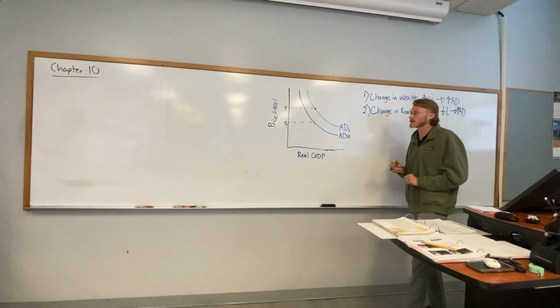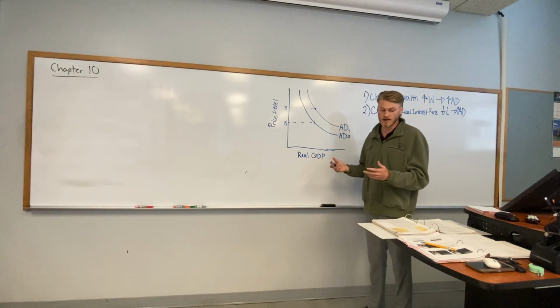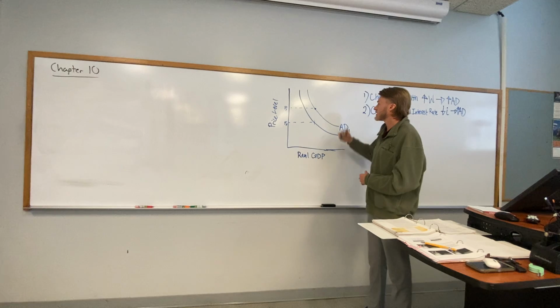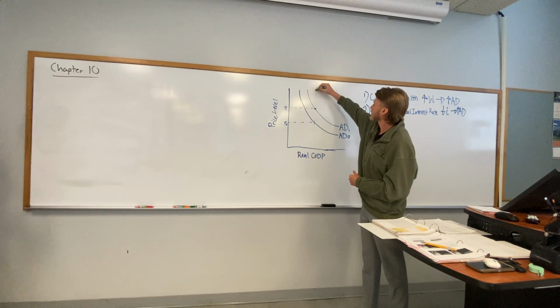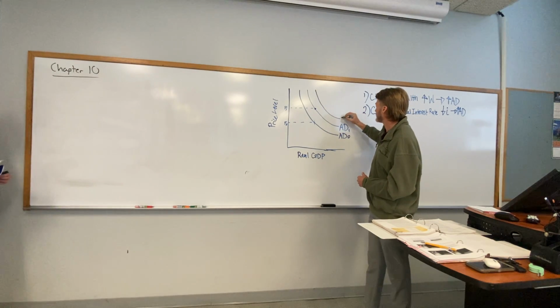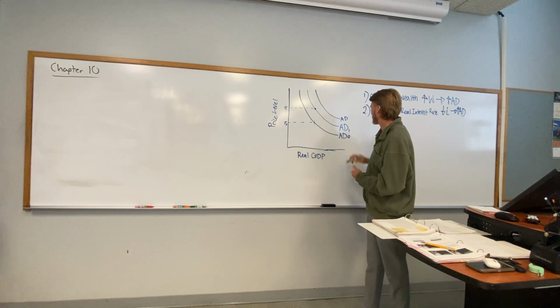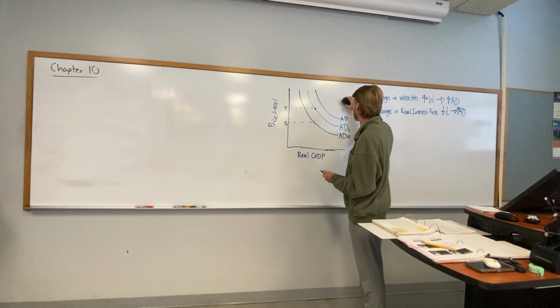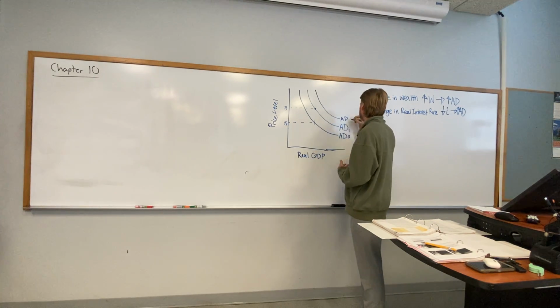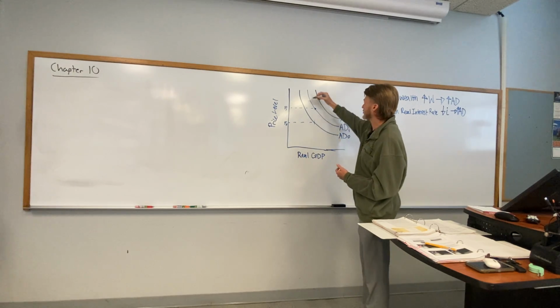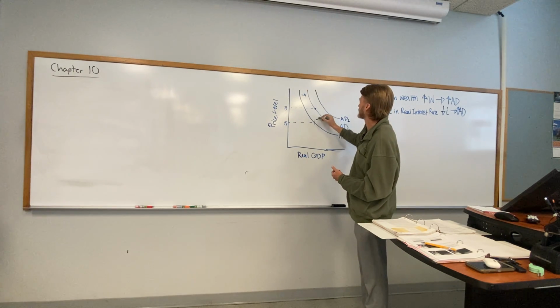It's incentivizing our demand, which would be us, the consumers, to go out and get more loans. So this is going to shift even further out. So now we have another shift further out to the right.